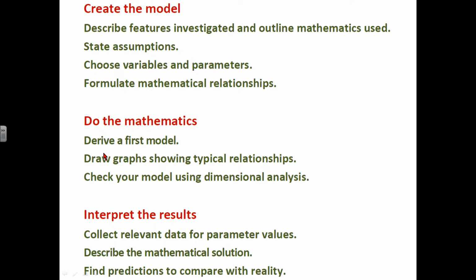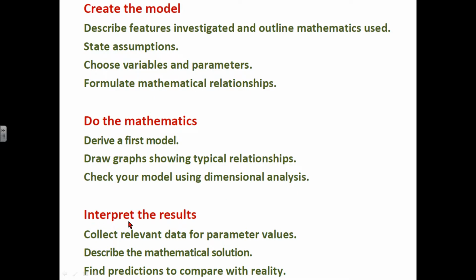And do the mathematics. You want a subheading for deriving your first model, for showing that you've done some graphs showing relationships between your variables, and a section where you're checking the dimensional analysis.